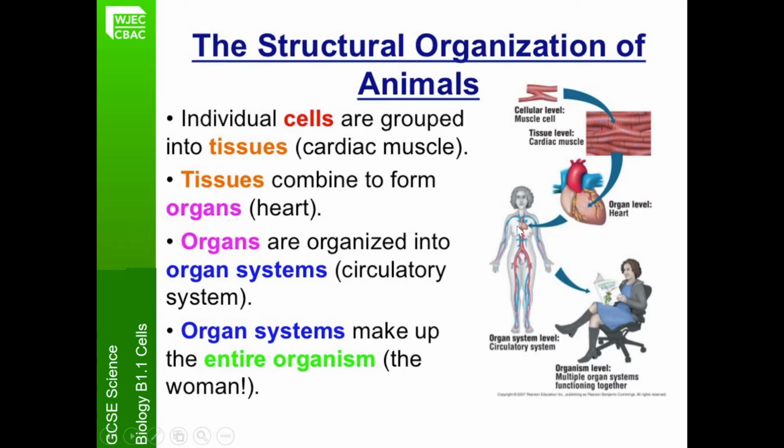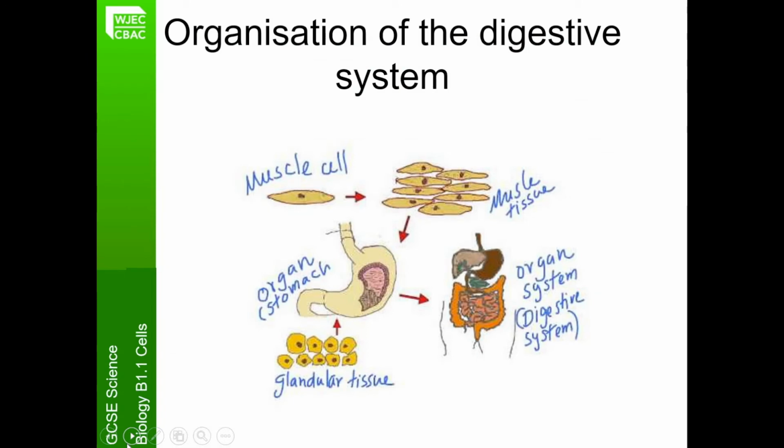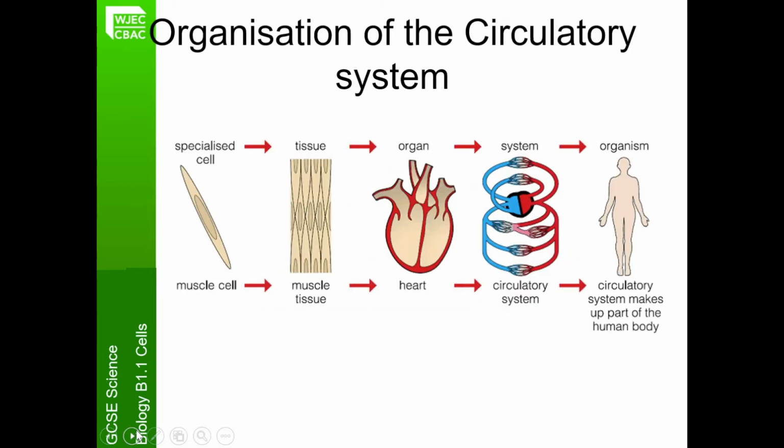The heart then is part of the circulatory system, and the circulatory system is part of the whole organism, the entire woman, the entire organism. Another example here, we've got muscle cells making up muscle tissue. Muscle tissue joins together with other tissue, nervous tissue in the organs, the stomach and glandular tissue we can see in the stomach there. And the stomach is part of our digestive system.